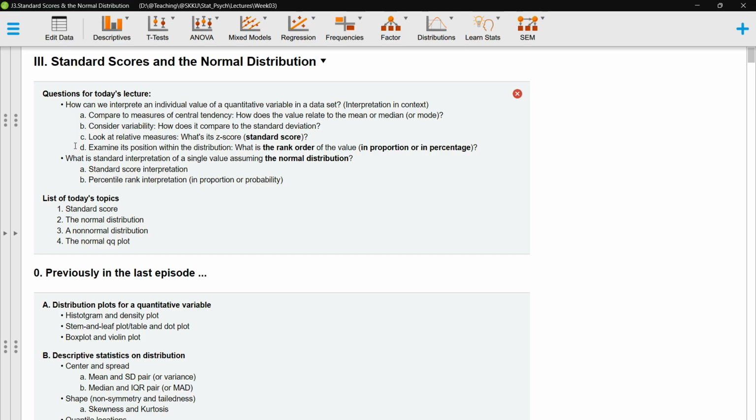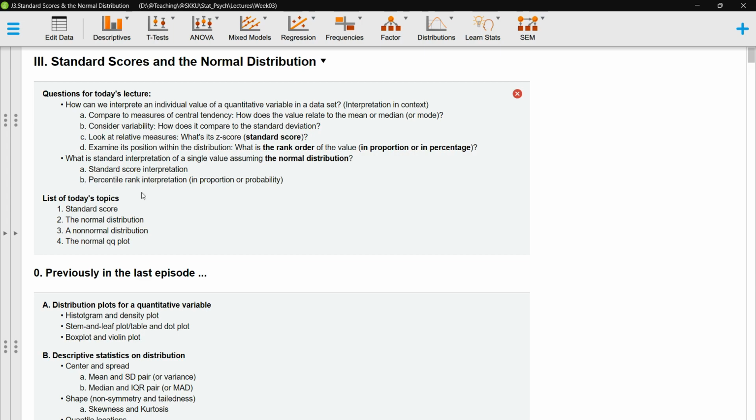That is when we have a normal distribution. If we have a normal distribution, an individual value can be interpreted as the standard score and the percentile rank simultaneously. They are pretty tightly related to each other.